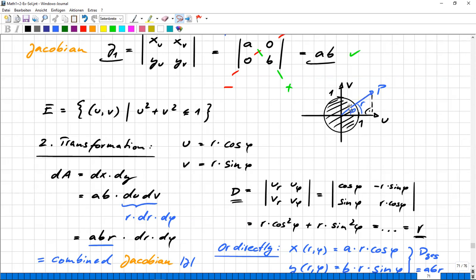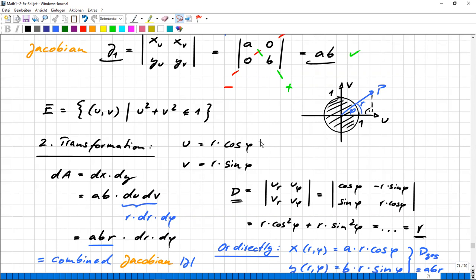For example, here in the first quadrant, you get the distance from the origin as variable r, and the angle to the positive first original axis as this so-called angle phi. Okay, and v equals r times sine phi.